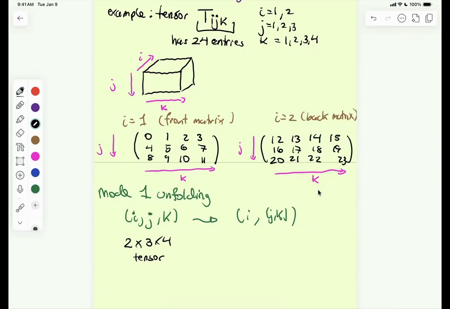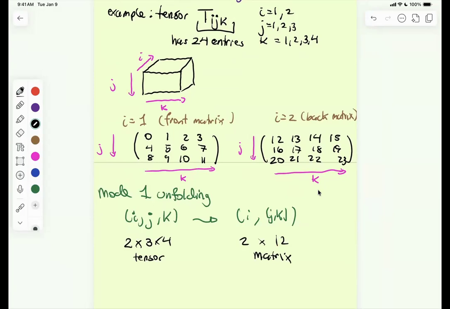So from this perspective, this is going to become a 2 times 12 matrix. Okay, so it's still the same number of entries as you can see, right? And the way to do this is that I is the first index. So I is now going to be the row, it keeps track of the rows. So this matrix is going to have 2 rows.